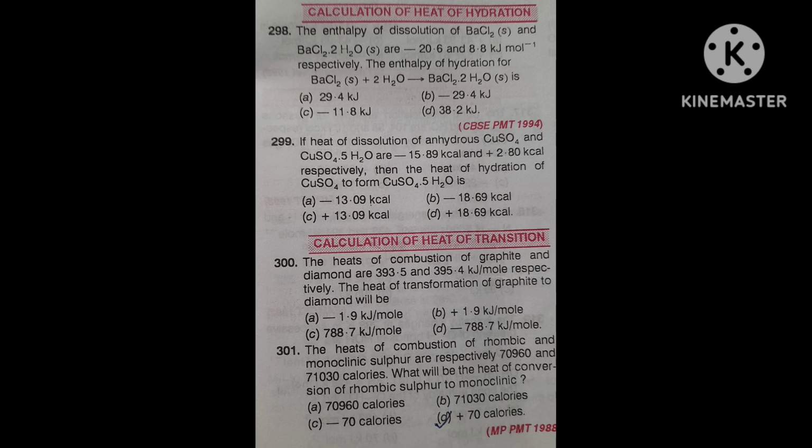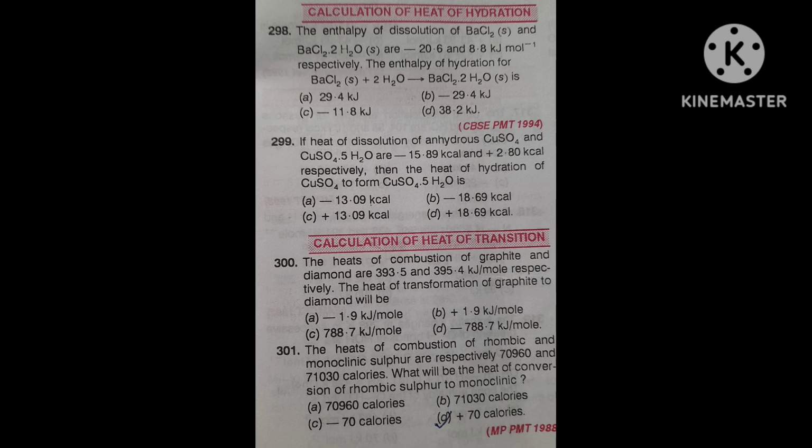But this reaction involves 2 steps. That's why you write 2 parts: barium chloride solid plus 2H2O gives barium chloride 2H2O. This is a dissolution, and it is the delta H1 value.